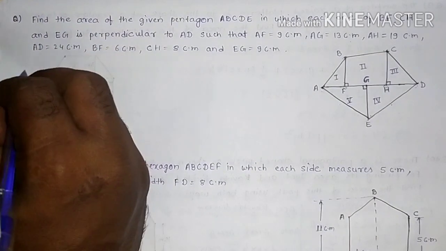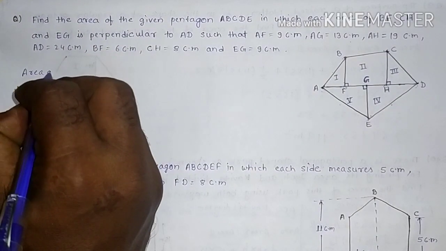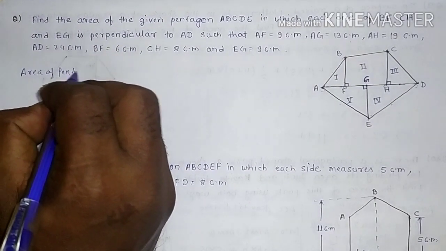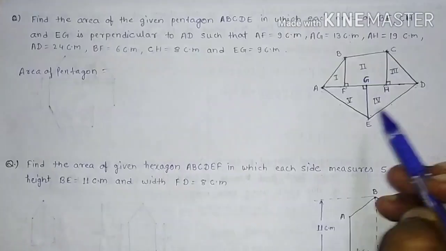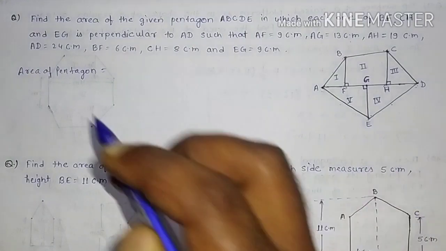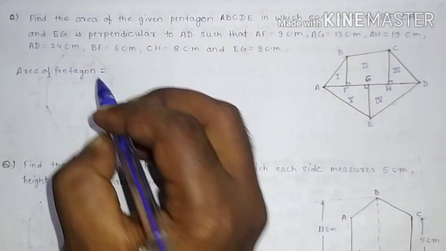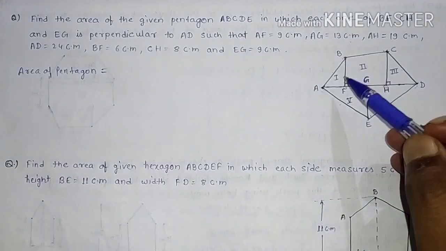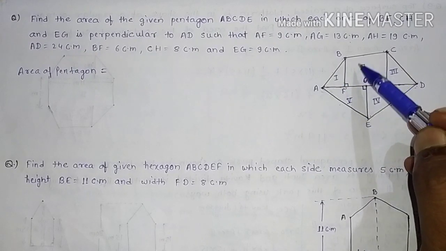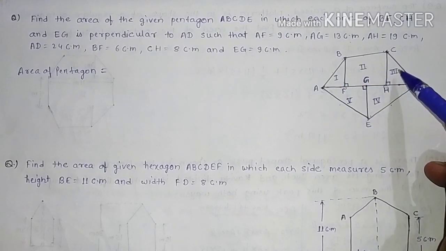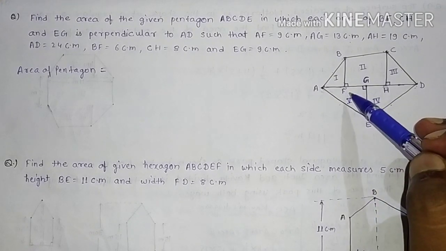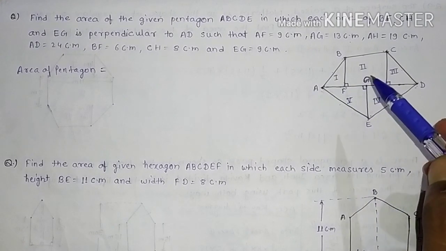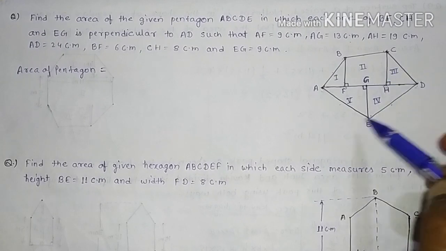Now the area of the pentagon. We have to find the area of the pentagon. So if we add the area of section first, area of section second, area of section third, area of section fourth, area of section 5, then simply we can get the area of the whole pentagon.